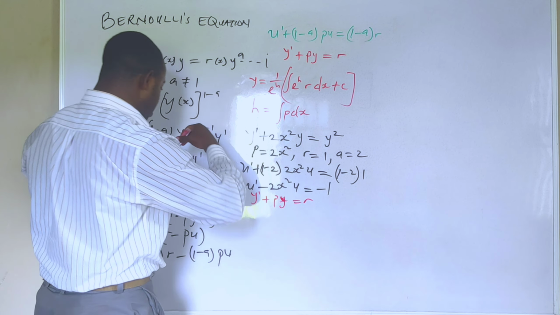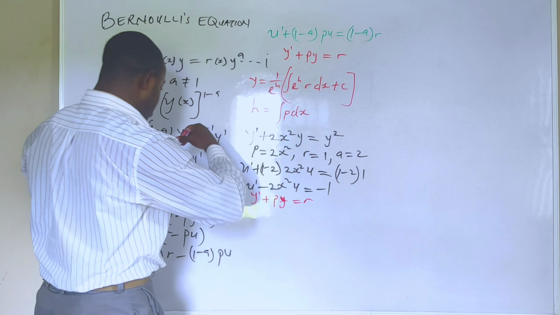So the solution to this differential equation is going to be u equal to 1 all over e raised to power h, into the integral of e raised to power h r dx, plus c. So we need to find h first. The h is going to be equal to the integral of p dx, where p here is negative 2x squared.